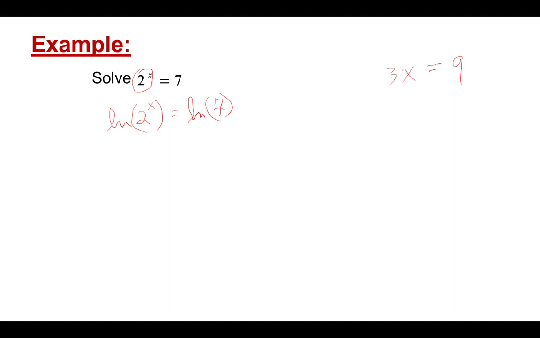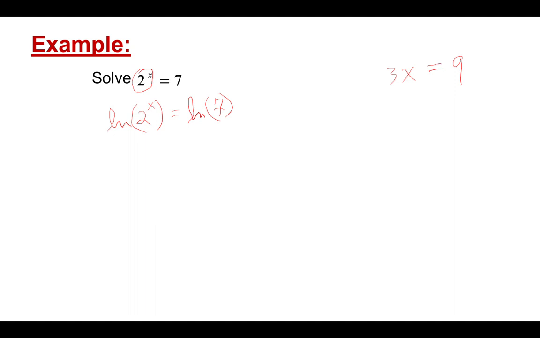It doesn't necessarily mean I have to. I could throw a log at both sides. That's within my prerogative. I totally could do that. And I could still end up getting the value of x. It would just be harder and a lot more work. So sometimes things are more work if we don't use the right function.